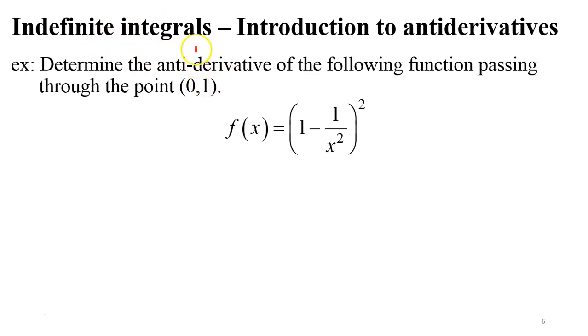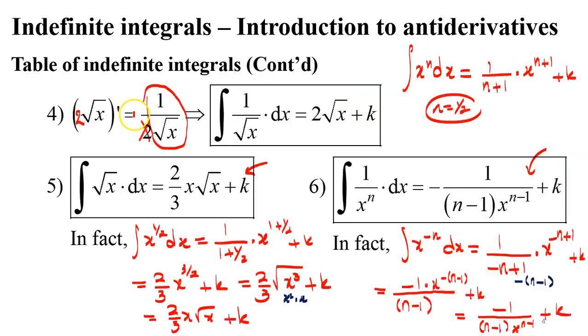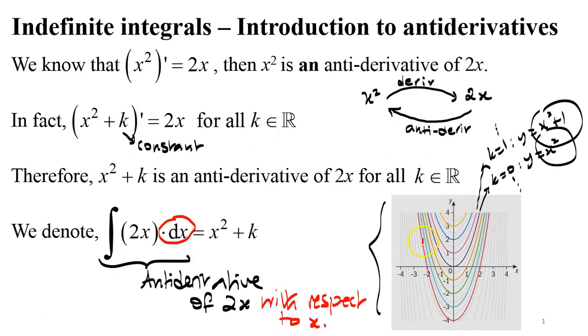So over here we need to find the antiderivative of the following function passing through the point 0, 1. Now, if you go back to what we've discussed first, we've discussed that whenever you're integrating a function, you'd actually be finding a family of curves.